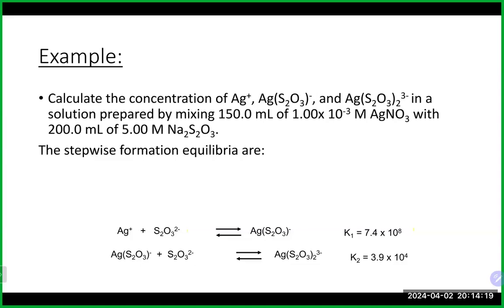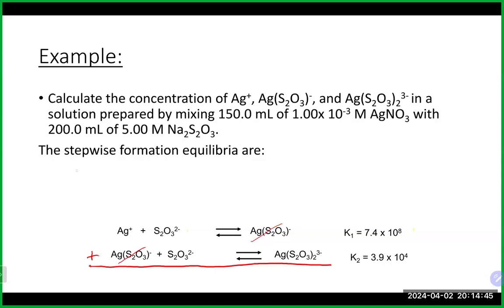Okay, so let's take a look at this one, see what's going on. In this particular case, they gave us our stepwise formation of our complex ion. So we may want to get the overall reaction that's happening. Again, we can do that simply by adding both of these together. In this case, that guy's going to go away, I believe, and that should be it.